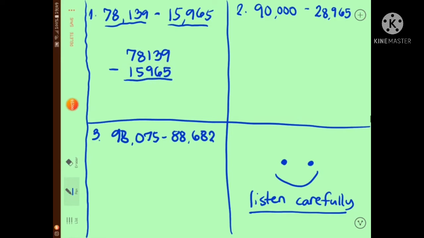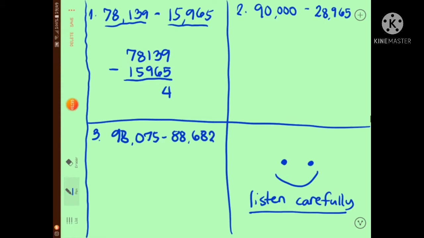Now let's solve this one. 9 minus 5. Can or cannot? Can. So what is 9 minus 5? 4, correct? 3 minus 6. Can or cannot? Cannot. So what will we do?